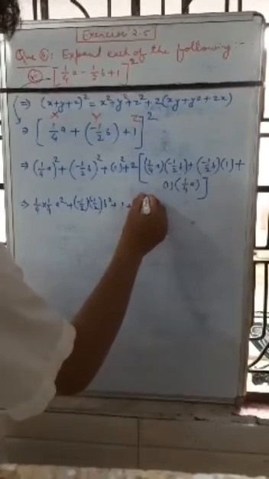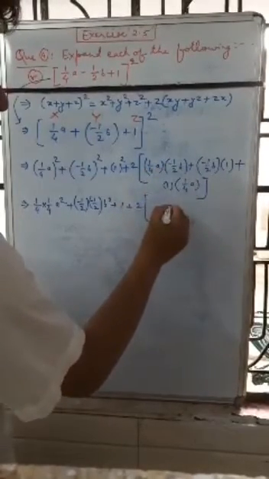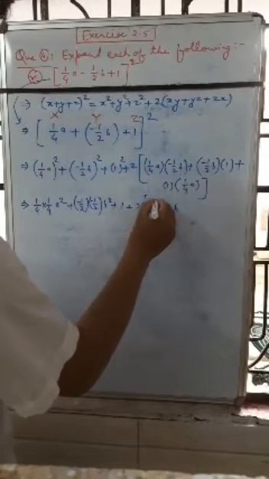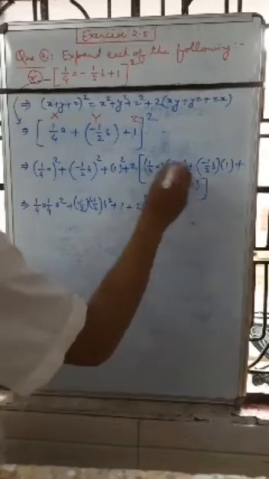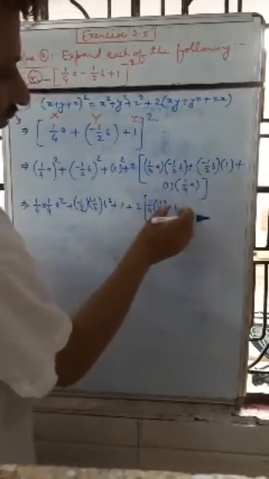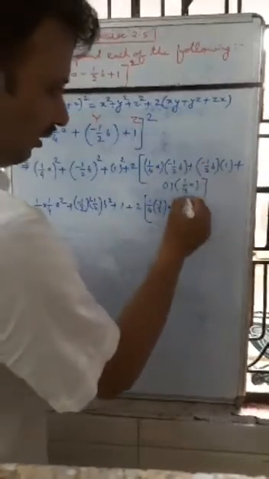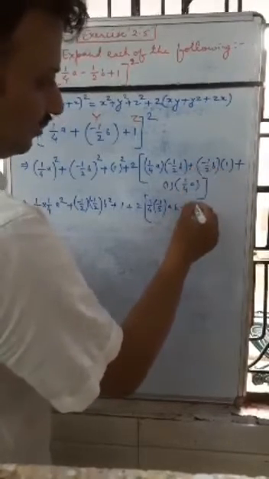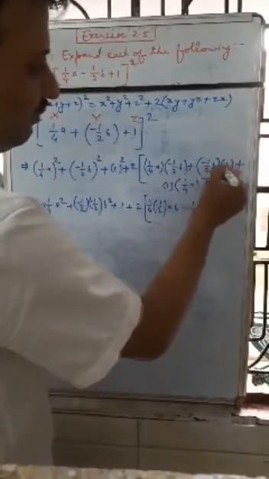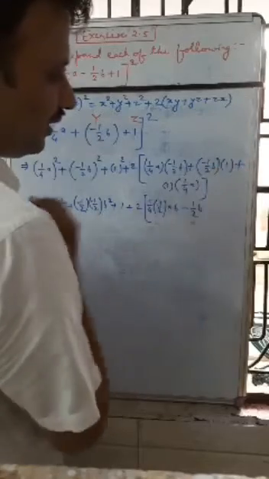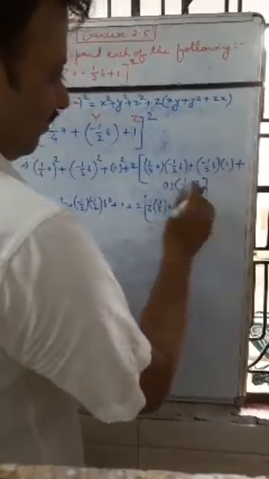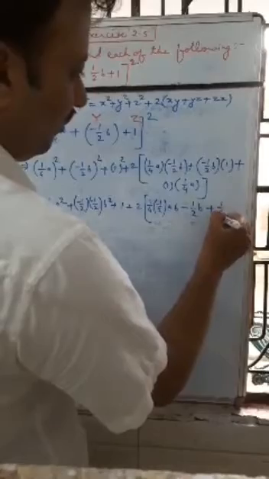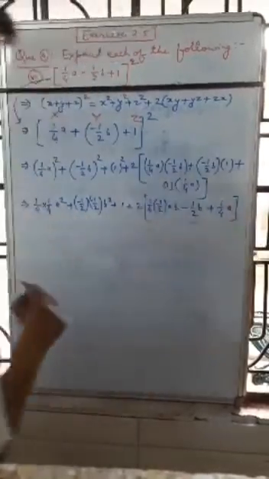Then 2: now multiply a into b, so ab, and minus 1 by 4 into minus 1 by 2 will be multiplied; a and b are variables and these are constants, multiplied separately. Again plus or minus will become minus here. So 1 by 2b multiplied by 1, nothing changes, so we write 1 by 2b, plus 1 by 4a multiplied by 1, nothing changes, 1 by 4a, and close the bracket.